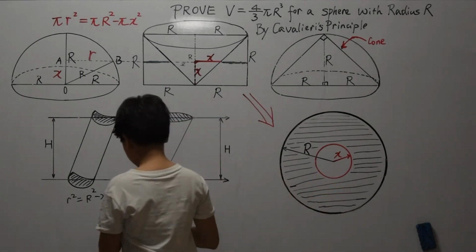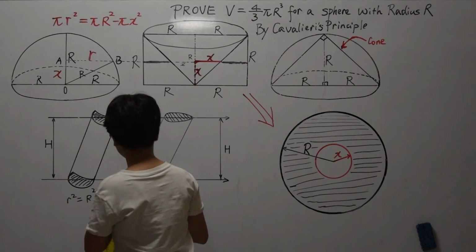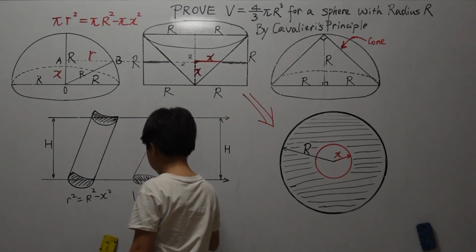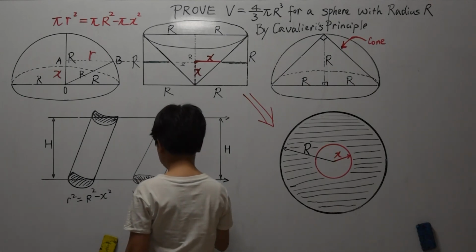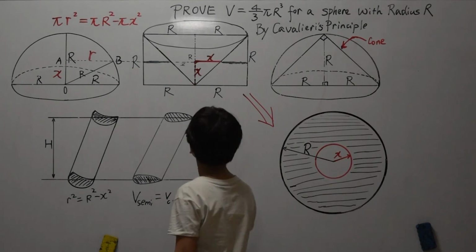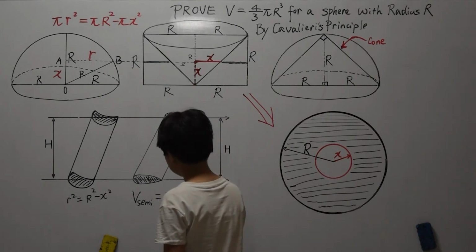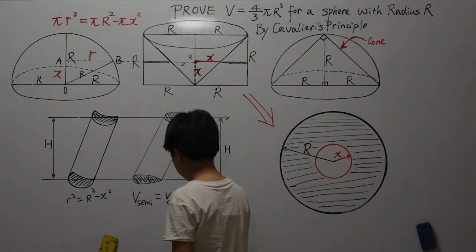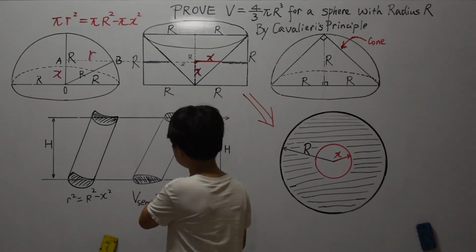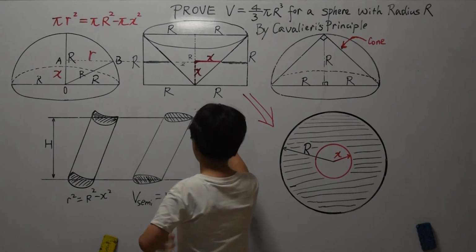So what is the volume of a semisphere? The volume of the semisphere is basically the volume of the cylinder minus the volume of this cone.